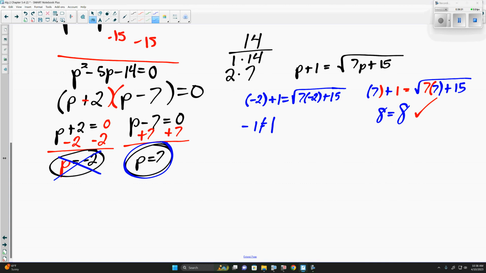Any questions on any of this here? And looking between the two of these, is what we did today any harder than what we did last week? It's not really any harder. We just have solutions that we have to check, problems that we have to work through and figure out.